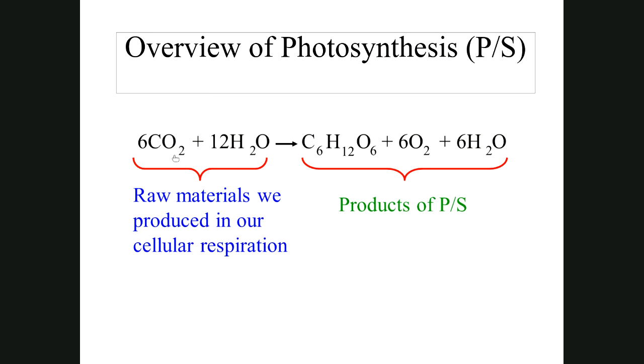And so plants will use carbon dioxide and water to produce, and this arrow here represents through photosynthesis, produces the products. First one is glucose, C6H12O6, that's glucose, plus oxygen, plus water. So those are the products of photosynthesis. Glucose, and that can be converted to starches in plants, oxygen, and water.